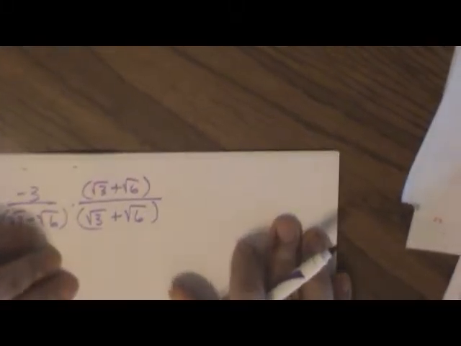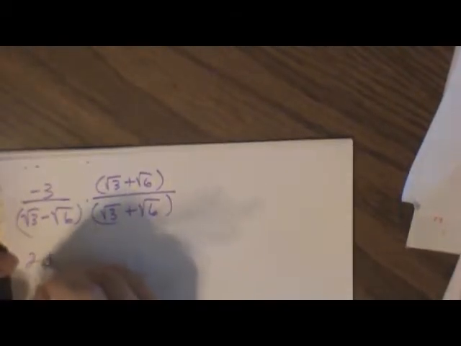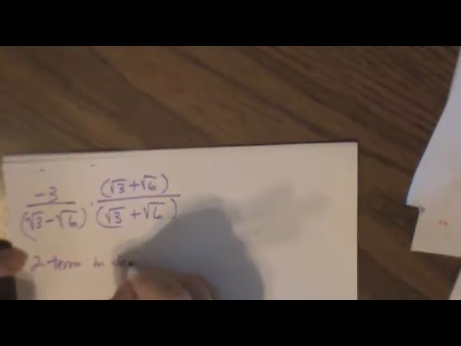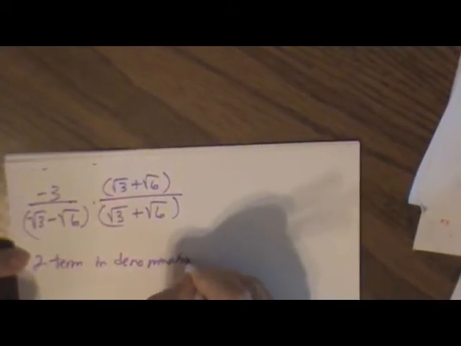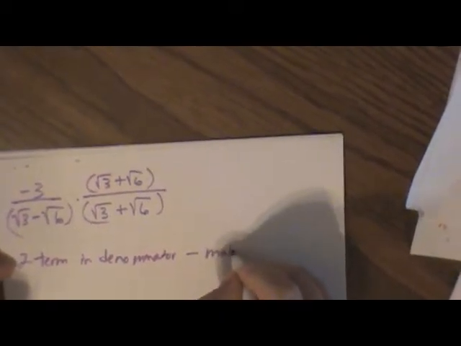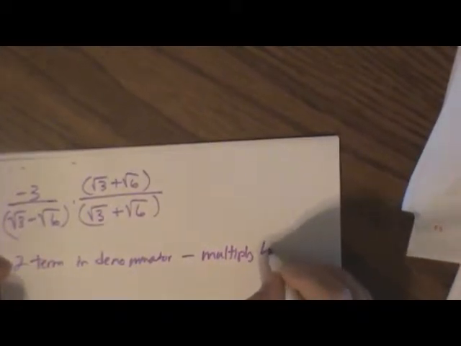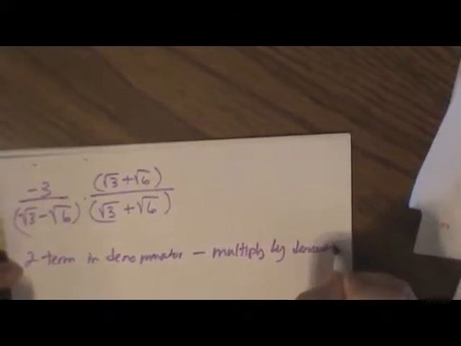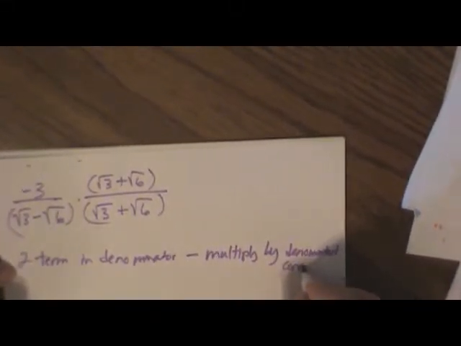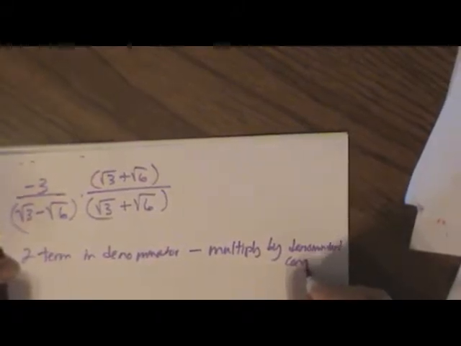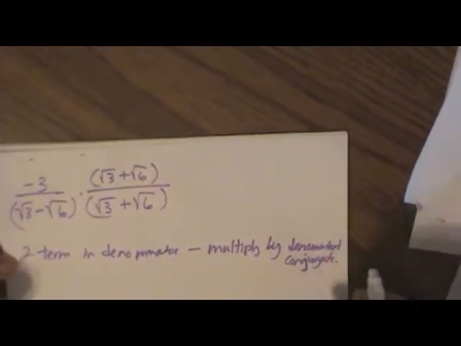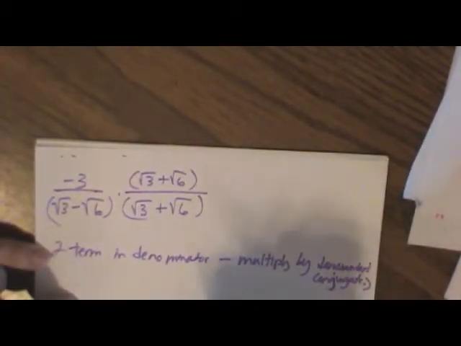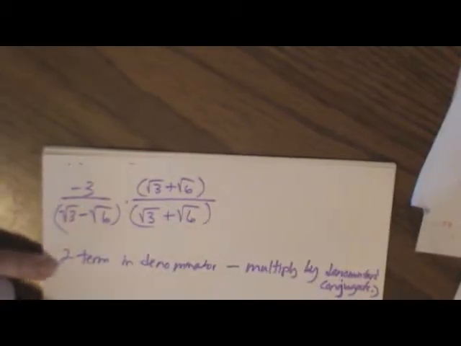So when you have 2 terms in the denominator, you're going to multiply by the denominator's conjugate. Okay, and by multiplying the top and the bottom by it, you're just multiplying by 1 and you're not really changing the value.